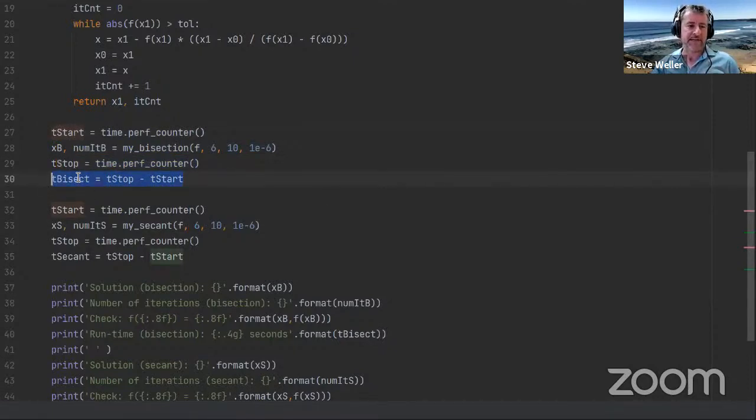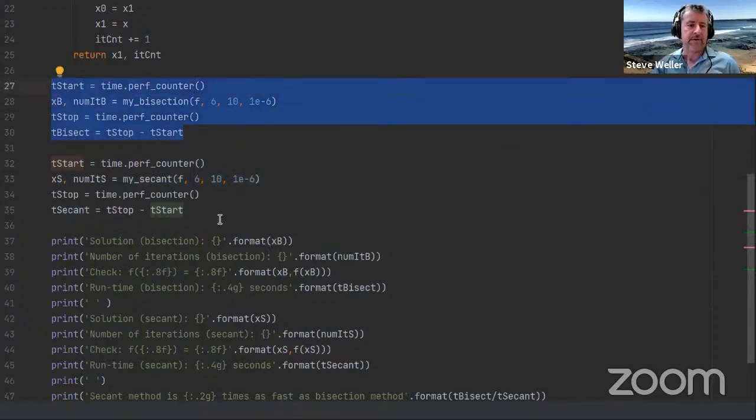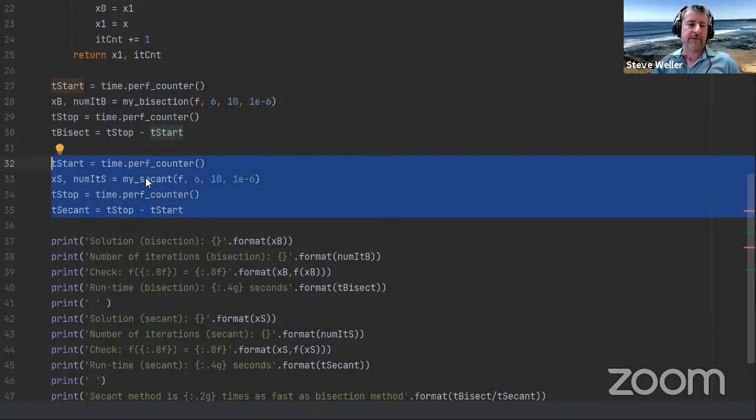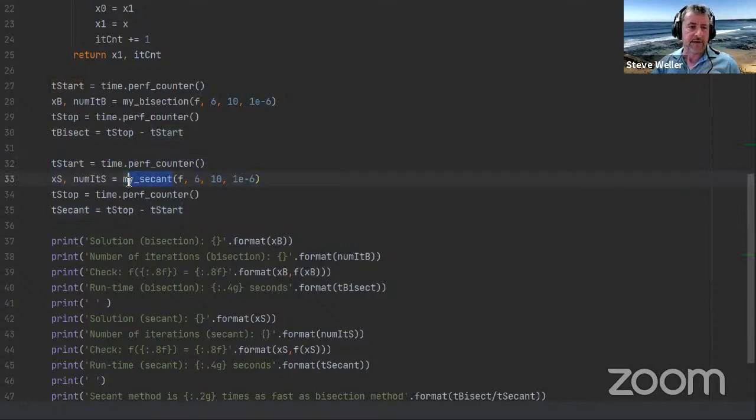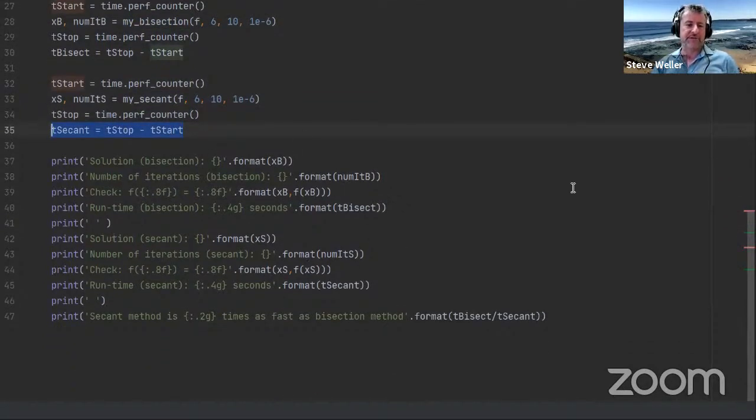And we call that T_bisect because it's the time to run the bisection algorithm. The next 4 lines of code are exactly the same format. The only difference is that on line 33, we call my secant rather than my bisection on line 28. Same parameters, same start time counter, stop counter, and compute the difference in the 2 times. And then the rest of it is just displaying results.